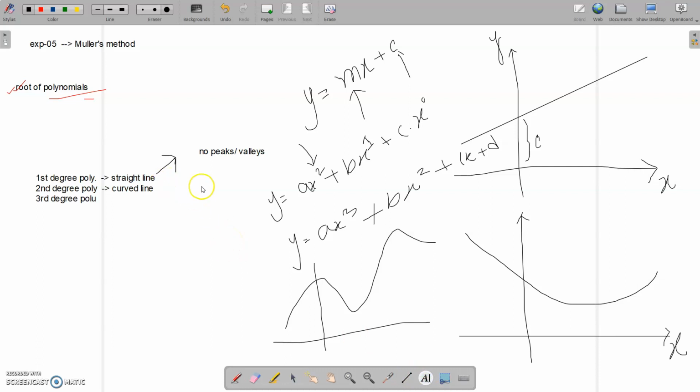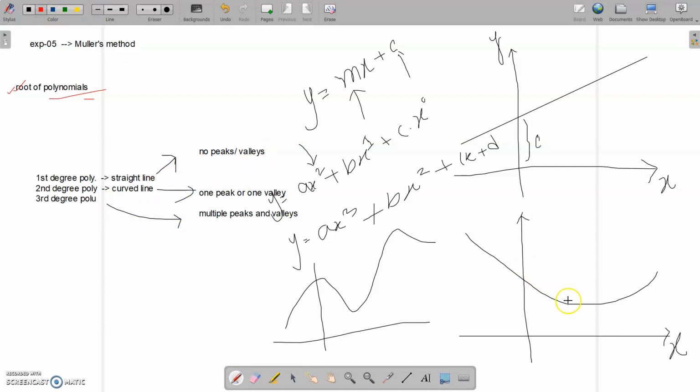For a third degree polynomial there will be multiple peaks and valleys. This is for 2 and this is for 3.